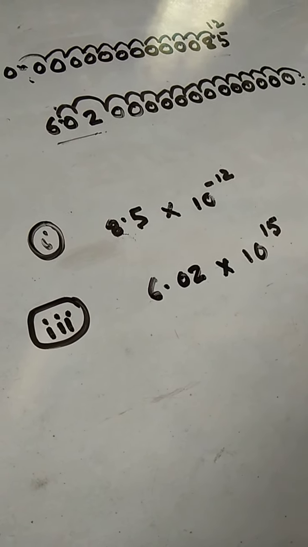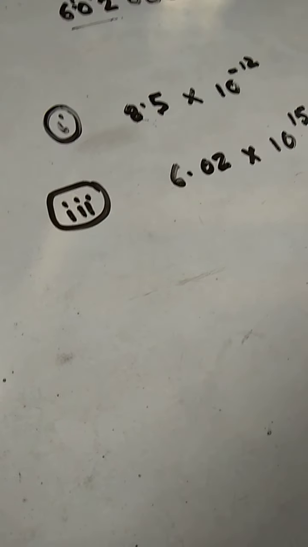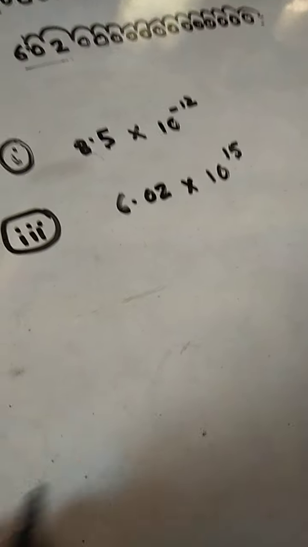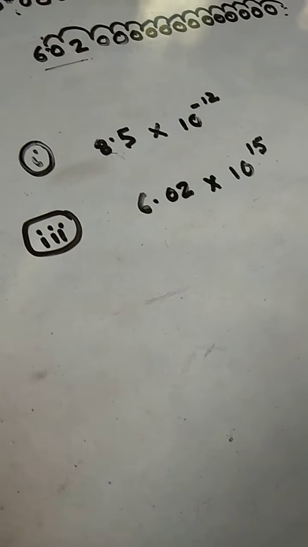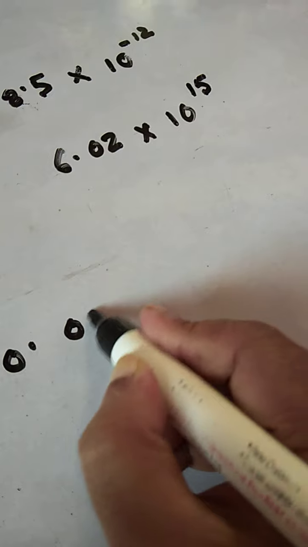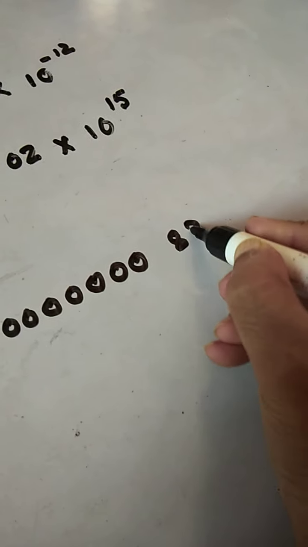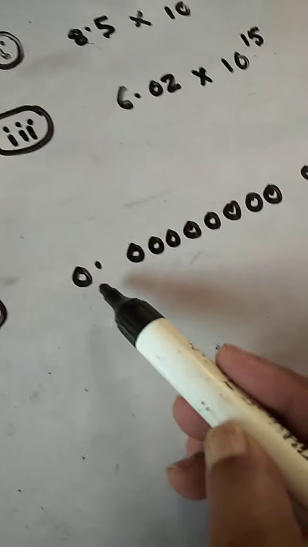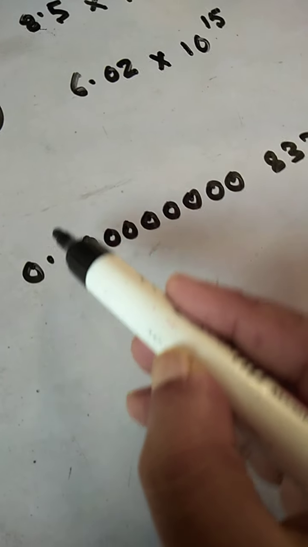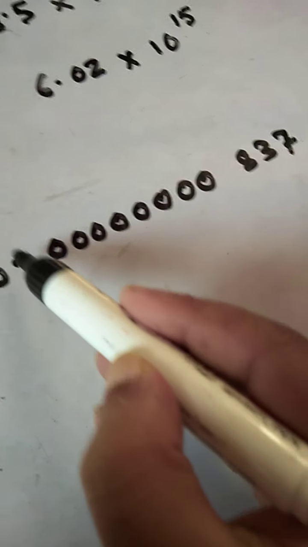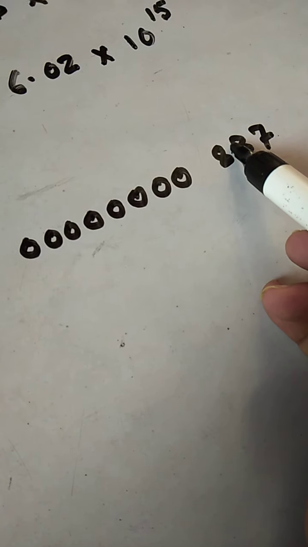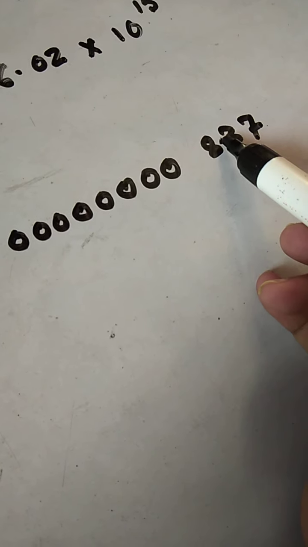If you still have any problem, let me share one more example with you, that is question number 4. I hope it will help you out. See, 0.12345678837. Again, the number is already carrying a decimal sign, so you have to move this decimal from here up till here, because in standard form only one digit should be on the left hand side.